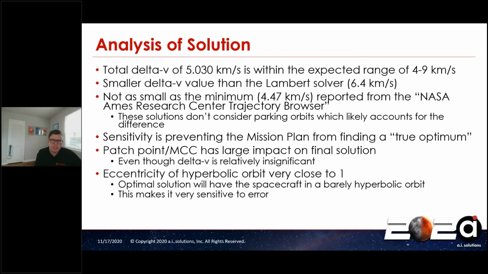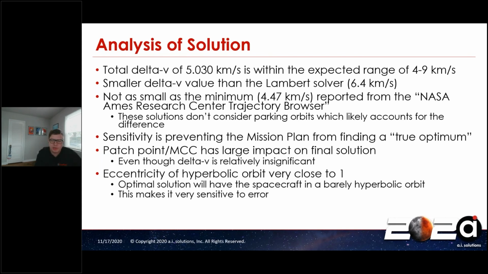So the eccentricity of our hyperbolic orbit is actually very close to 1. Some of the values were around 1.1 for eccentricity, so just bordering right on the edge of that transition, which can cause some problems because then even the smallest amount of variation somewhere in the mission plan, say at the patch point, might cause our integrated trajectory to be further off.